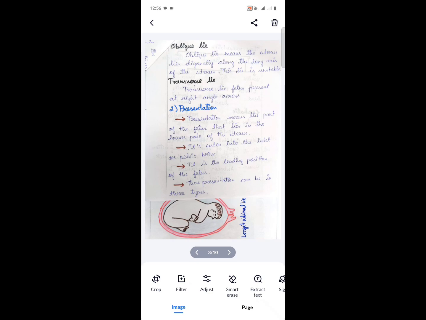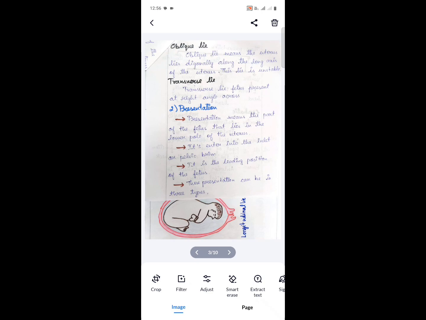We can differentiate them because contraction starts from the upper pole of the uterus and ends at the lower pole. When there is more contraction, a constriction ring forms. That is how we can differentiate the upper pole and lower pole.